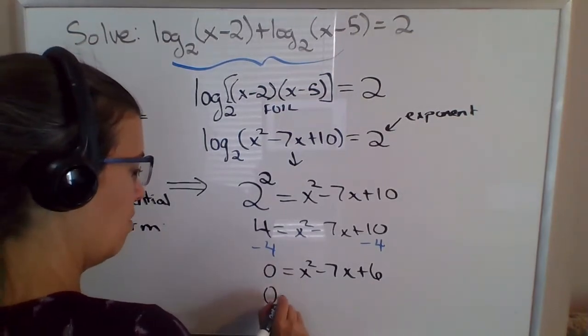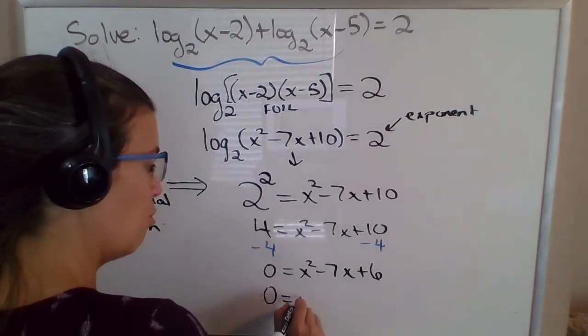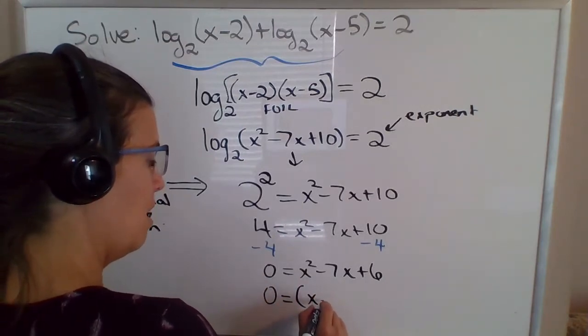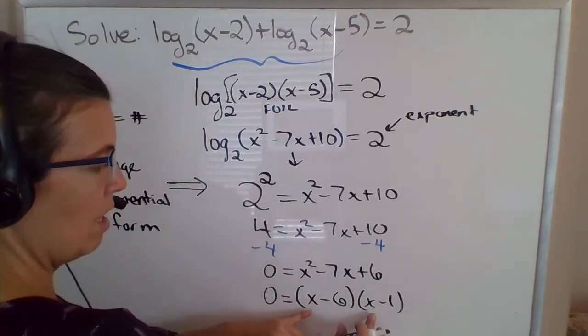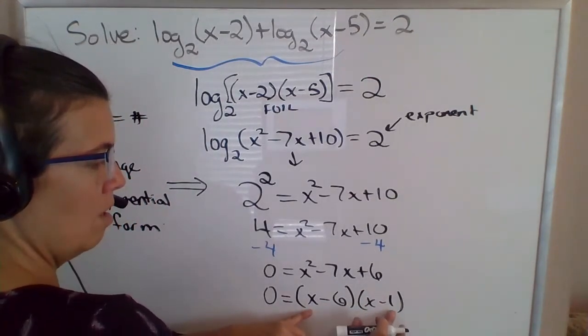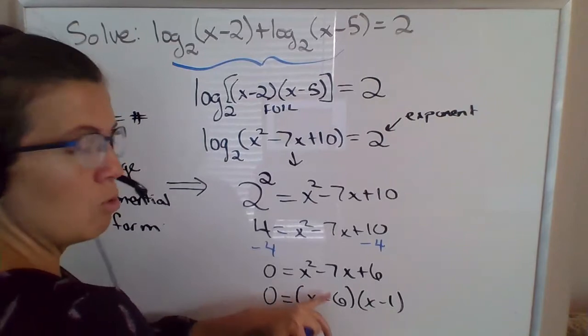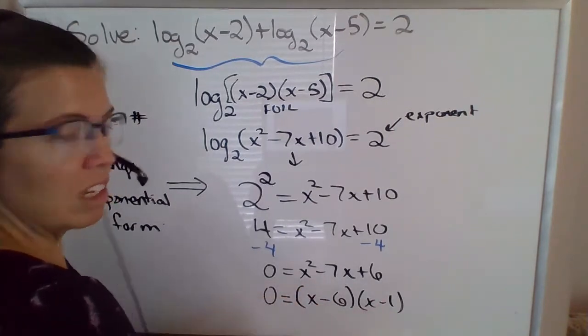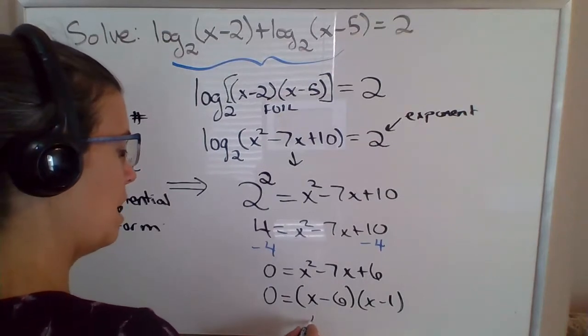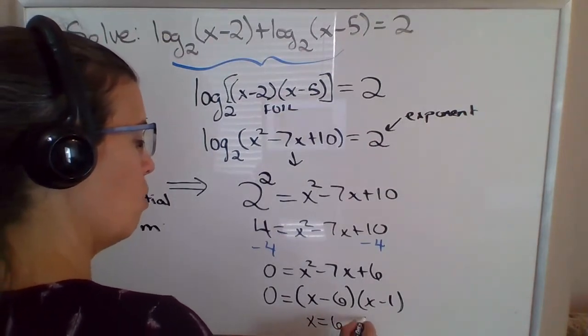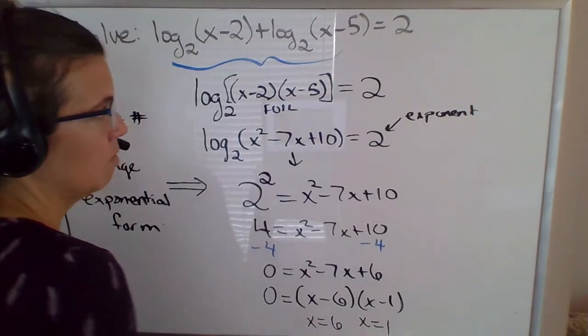And we can do that. I mean, if we couldn't, we would have to use the quadratic formula. But thankfully, if we use x minus 6, x minus 1, let's double check. You'll get x squared minus 1x minus 6x will give you minus 7x plus 6. So we're in good shape. Set each factor equal to 0, we get x equals 6 or x equals 1.